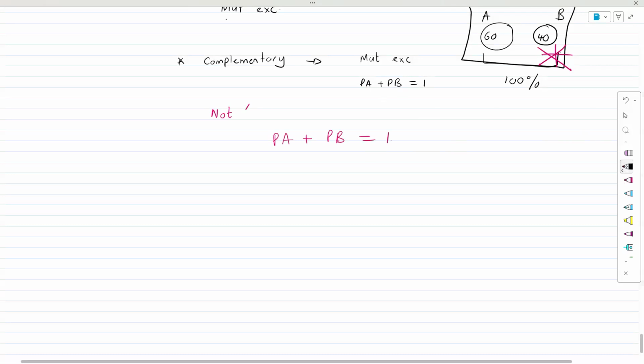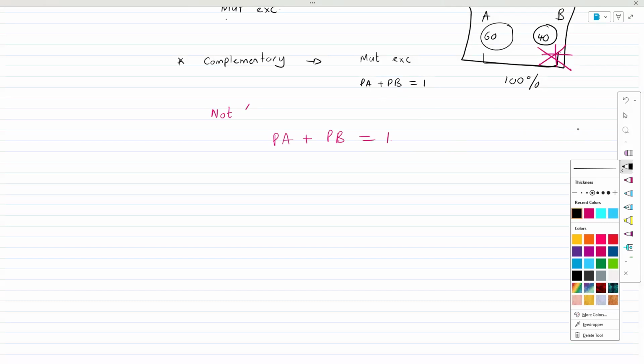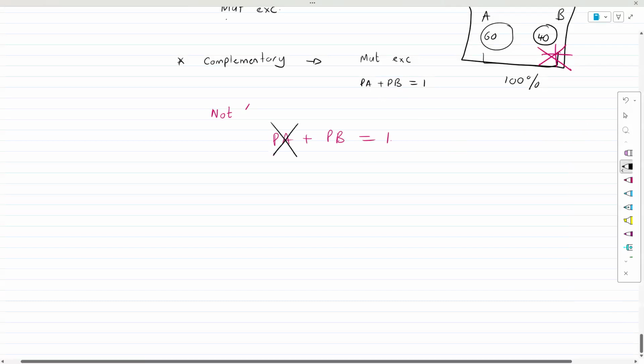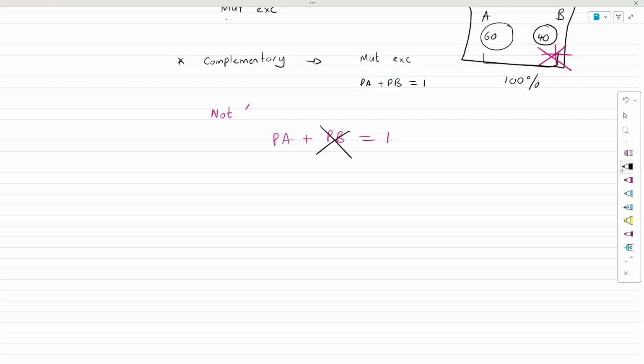So whenever anybody wants, let's go with not A. Or let's go with A in general. I'll just show you guys with A in general. If you wanted A, and if you did not want B, so I don't want B, all you have to do is take this over. And you can see P(A) would be equal to 1 minus P(B).